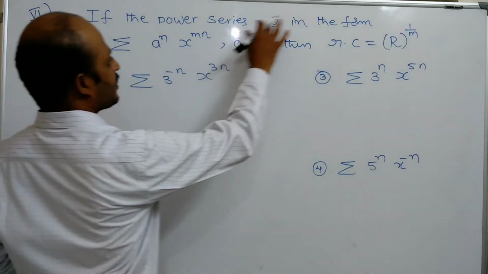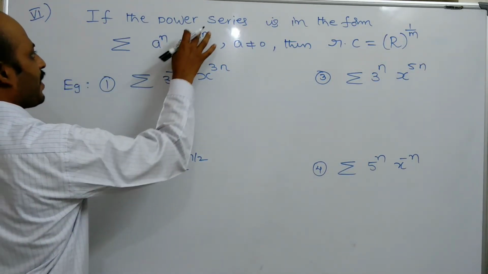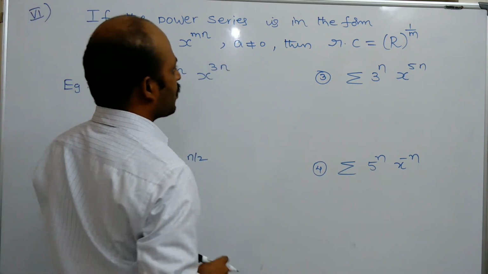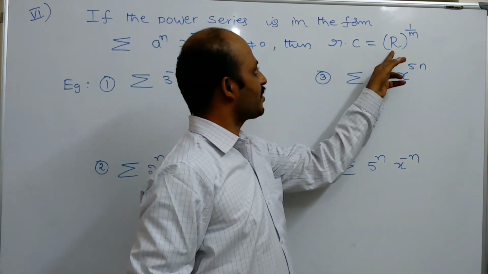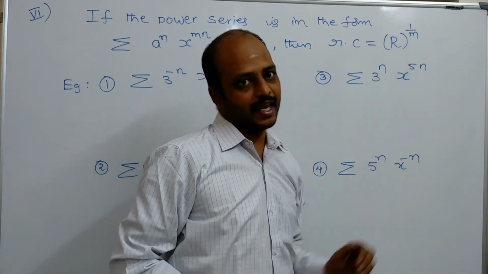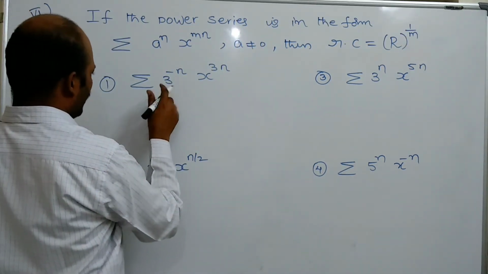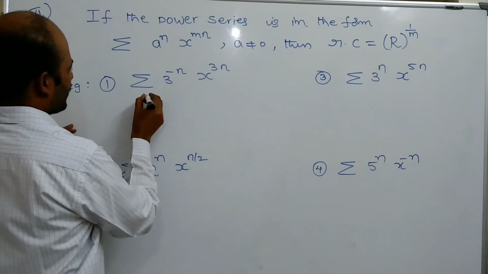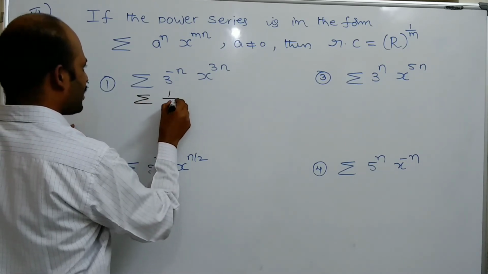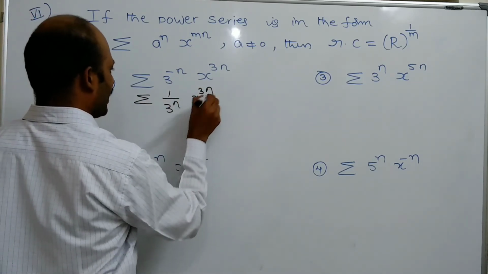If the power series is in the form summation an x power mn, where a not equal to 0, then the radius of convergence is equal to capital R power 1 by n. You observe that here, this is nothing but summation 1 by 3 power n into x power 3n.